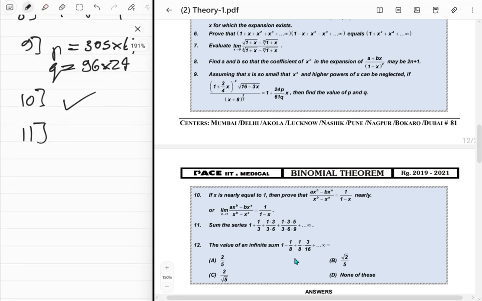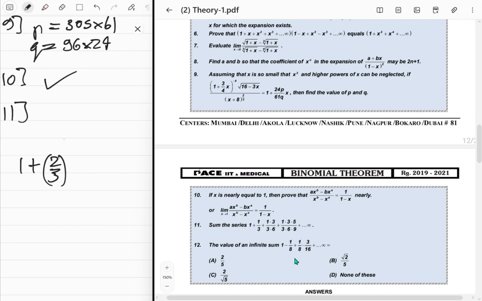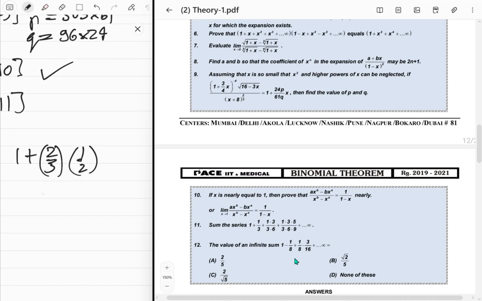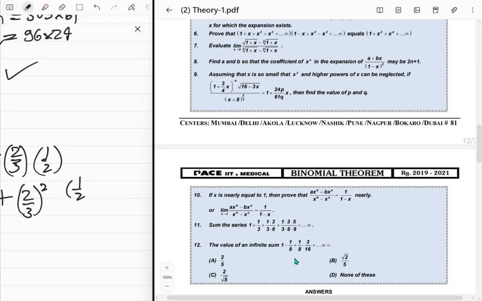So what we'll do is just write it as 1 plus 2/3 of 1 upon 2. And then you got plus 2/3 squared, and then you just got 1 upon 2 and 3 upon 2. Wow, that's weird.